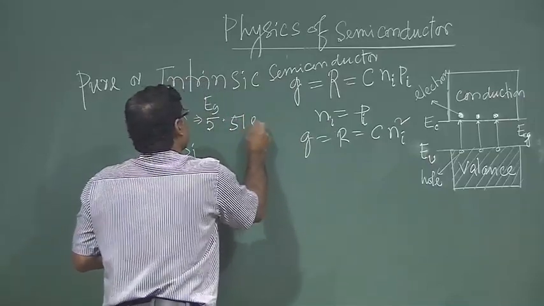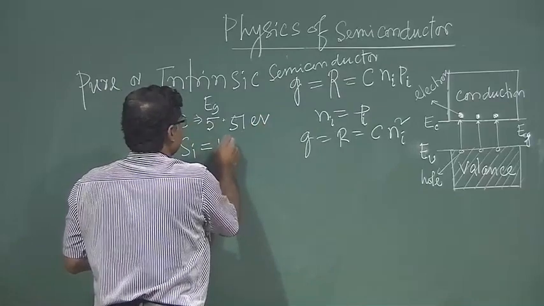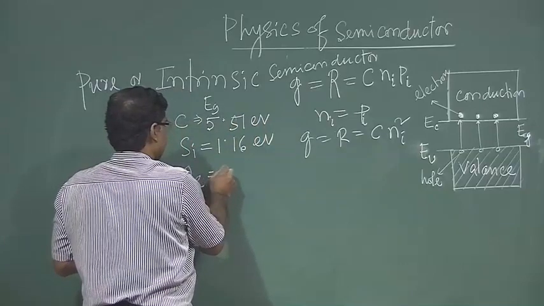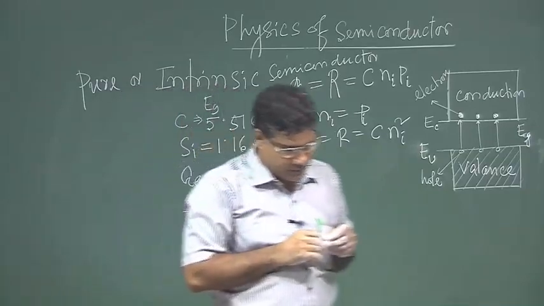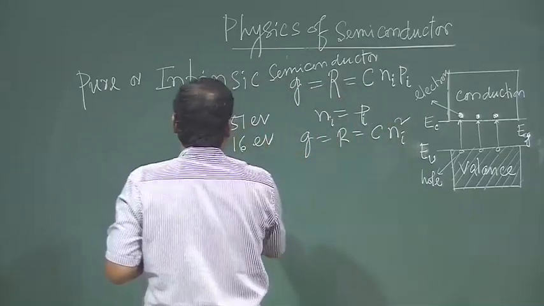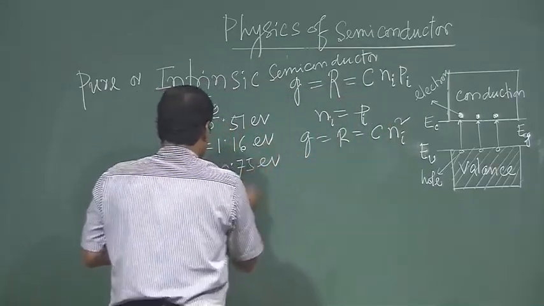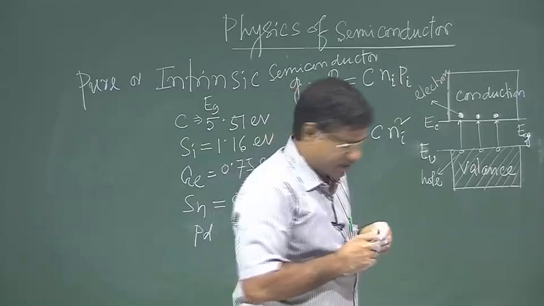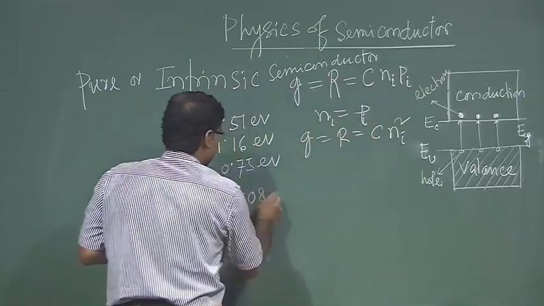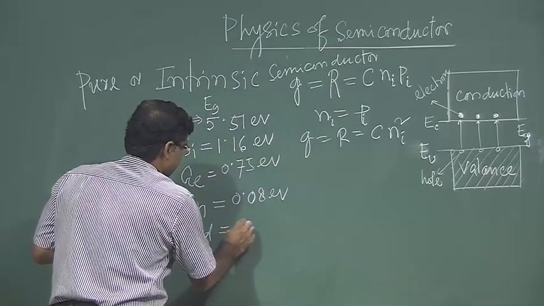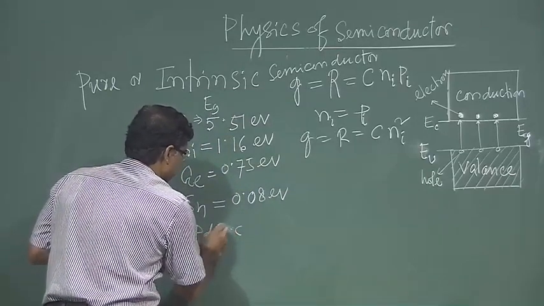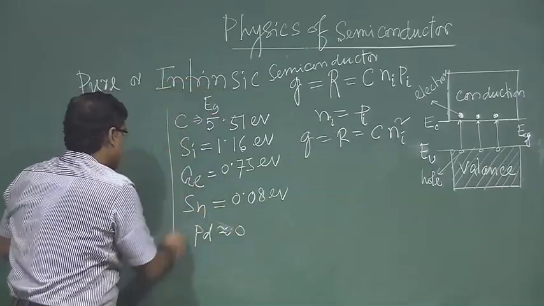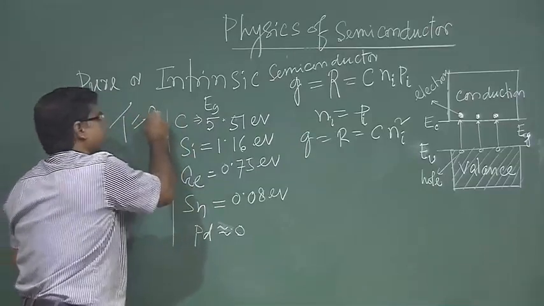For silicon it is 1.16 electron volt, for germanium 0.72 to 0.75 electron volt, and for tin it is very small, about 0.08 electron volt, and nearly 0 for the last one. These band gap values are at absolute temperature T equal to 0.